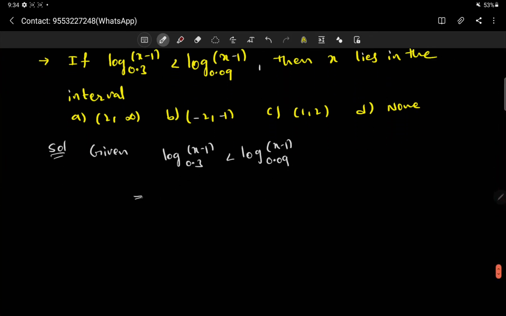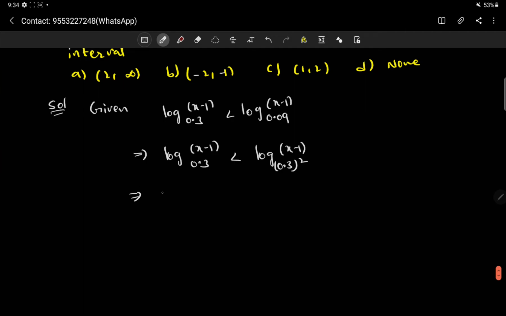So this implies log of x minus 1 base 0.3 is less than log of x minus 1, where 0.09 can be taken as 0.3 whole square. So from here, you see, this 2 can be taken like this: 1 by 2 of log of x minus 1 base 0.3.